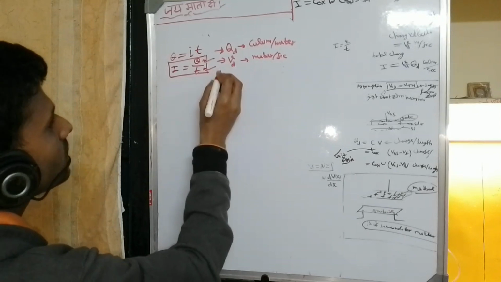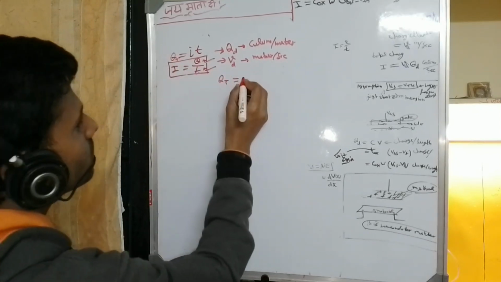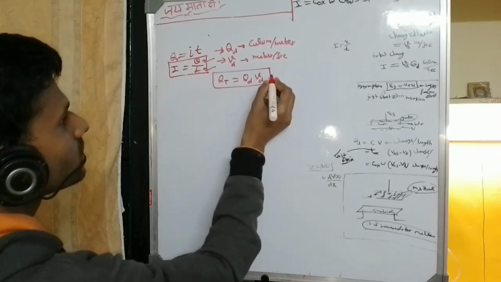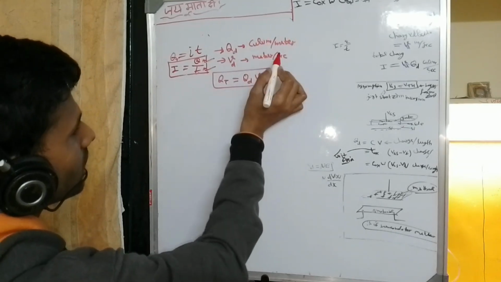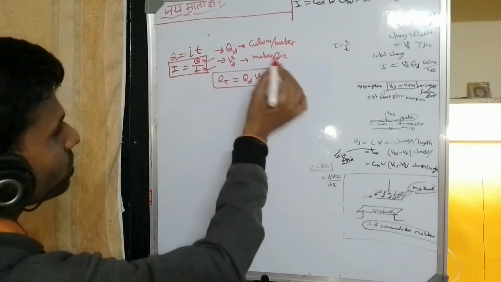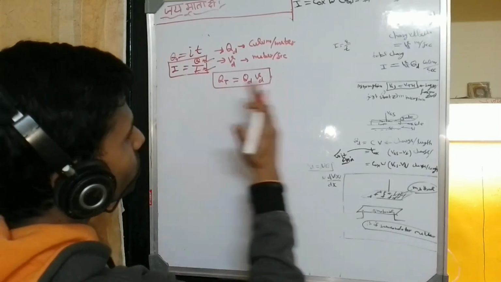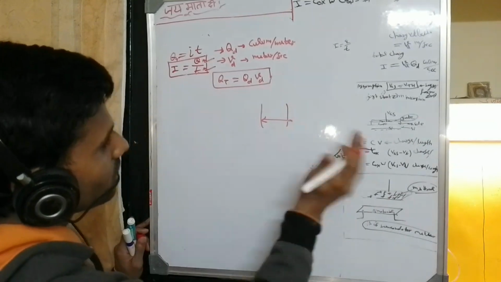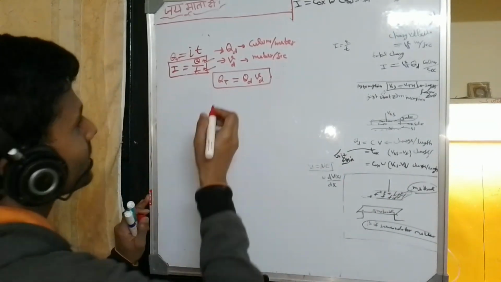Then what will be the total charge? Q total will be QD into VD. How? This much charge, coulomb per meter, is the charge in 1 meter, and this is the velocity of that charge. Then this much charge will go from this frame to the other frame. Meaning in the 1 meter frame, that much charge will go.